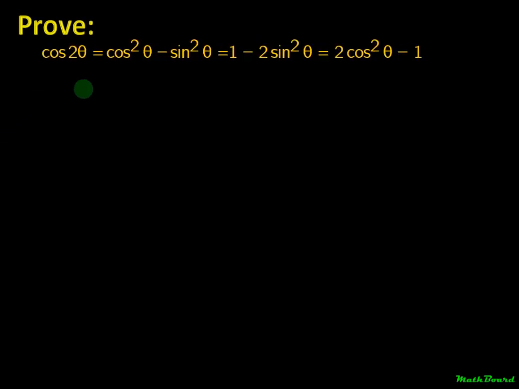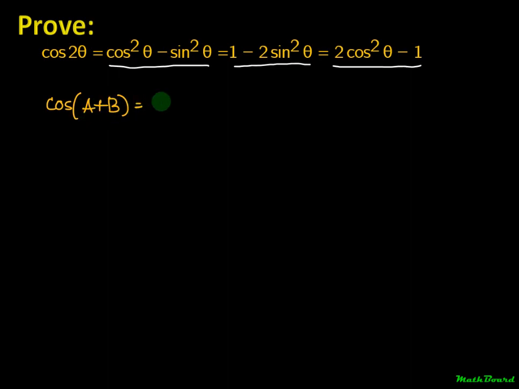How about this one? Cosine 2 theta equals cosine squared theta minus sine squared theta, 1 minus 2 sine squared theta, and 2 cosine squared theta minus 1. In this one, we are going to use the sum of cosine. So we have cosine a plus b.